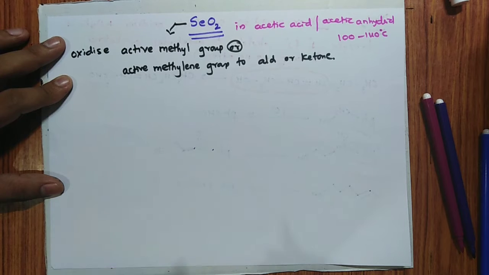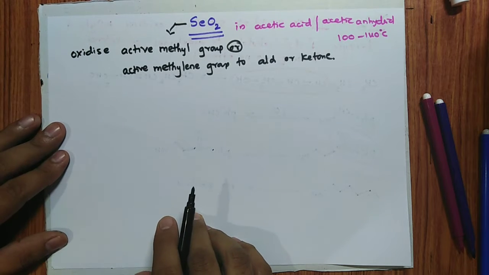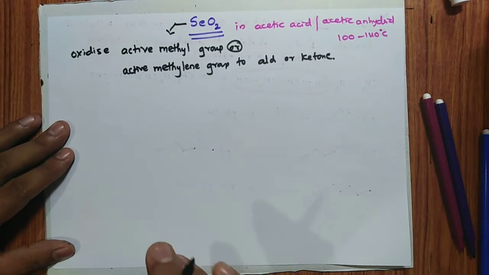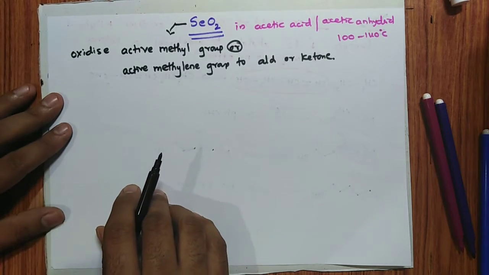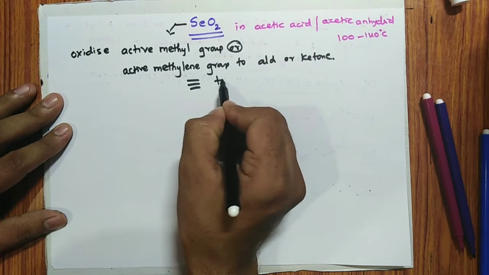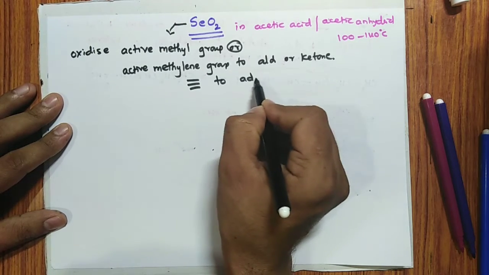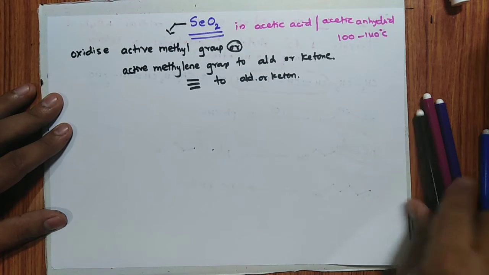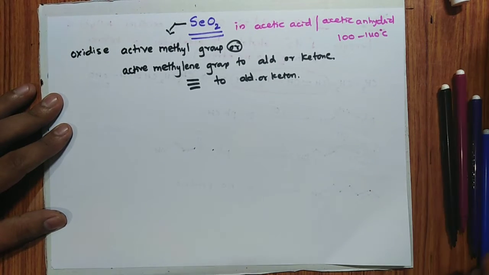Very important. Not only this, it can convert triple bond also to aldehydes or ketone depending upon the reagent. That also I will give the example.